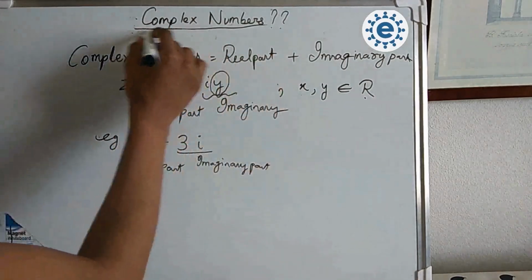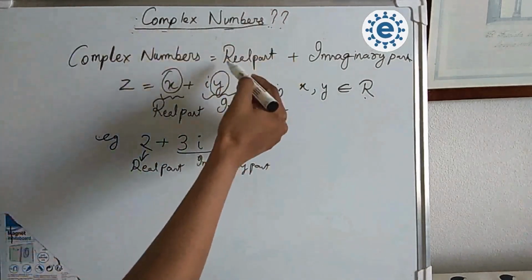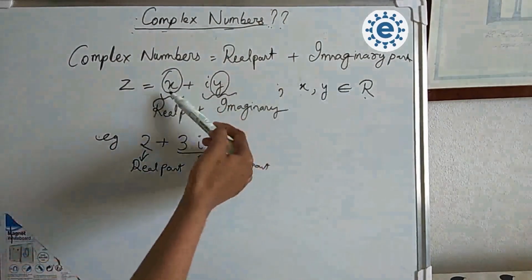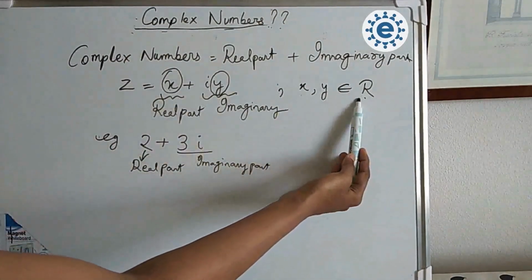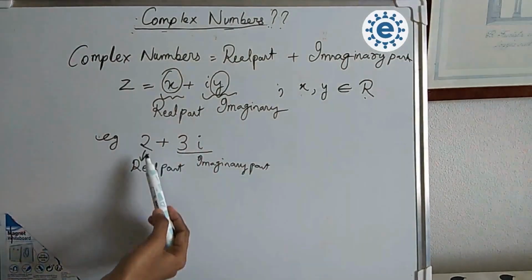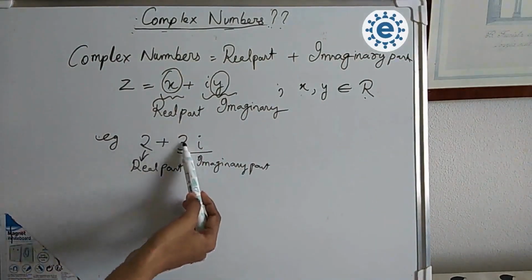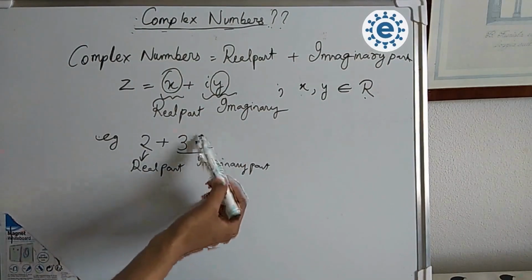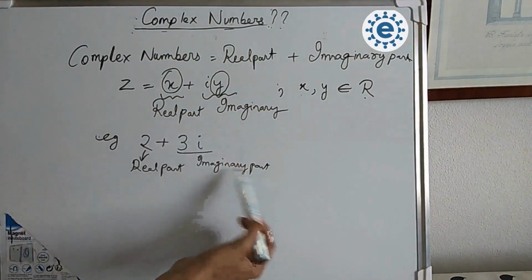The definition of complex numbers goes well with the combination of real part and imaginary part, plus x and y should both be real numbers. So 2 and 3 are real numbers, but this 3i is an imaginary part.